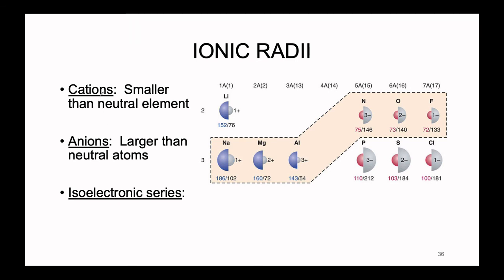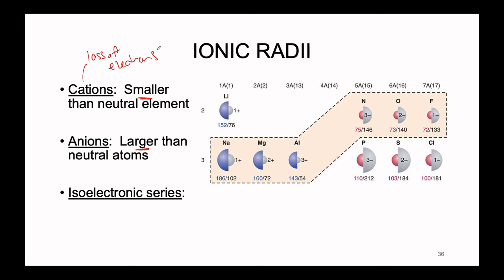What we have been able to observe is that cations are smaller than their neutral counterparts, their neutral elemental starting points. And anions end up being larger than the corresponding neutral atoms or elements. The reason why is pretty straightforward when we think of it. A cation is caused by the loss of electrons. If we're losing electrons, we're literally losing the thing in an atom that gives it its size.